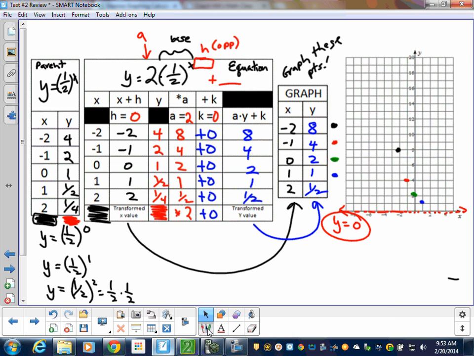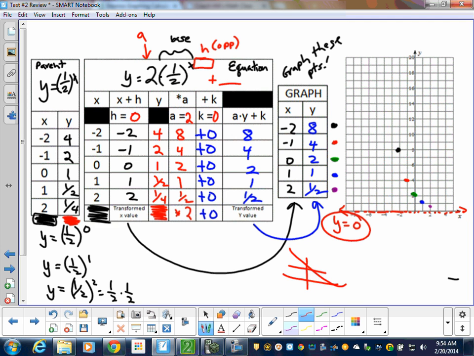Let's see if I can get a different color here. And the purple point is 2, ½. So over 2, up a half. So these, guys, these 5 points are what it looks like. Now, when you draw your graph, if your graph goes below the asymptote, that's wrong.